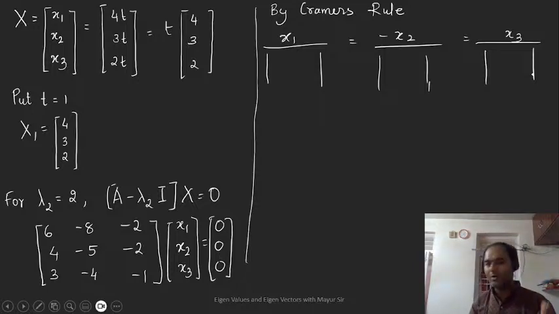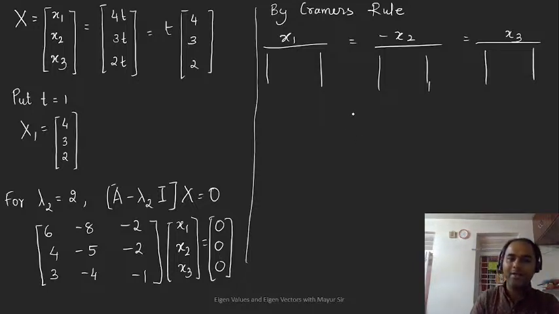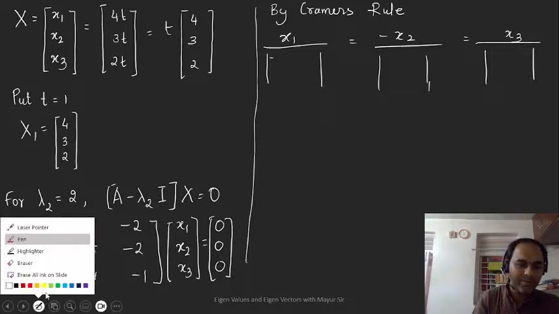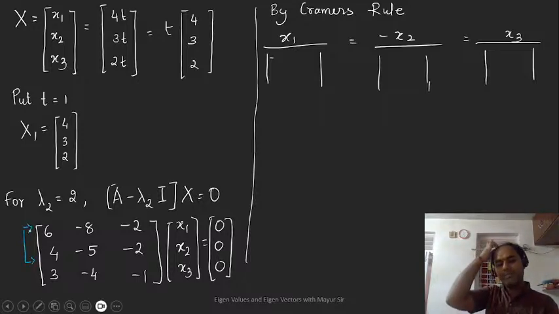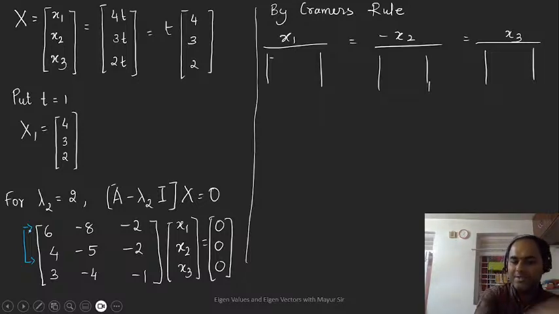Would you like to tell what the determinants are going to be? You choose the first and second row always, trust me on that, nothing would go wrong. So what do you get?